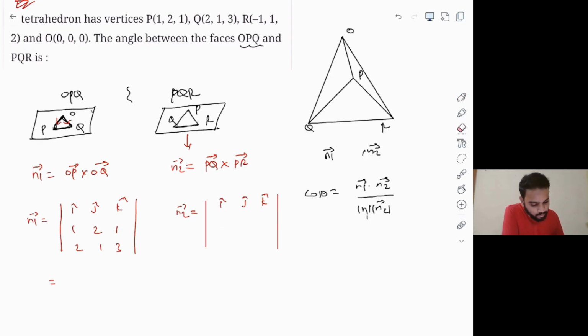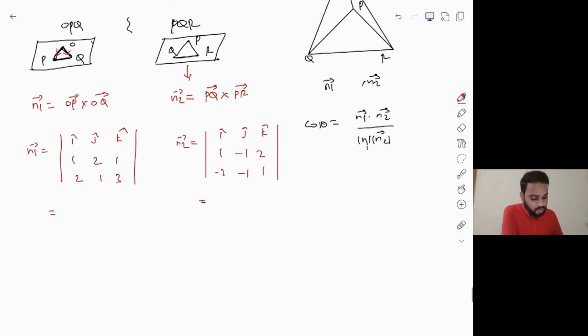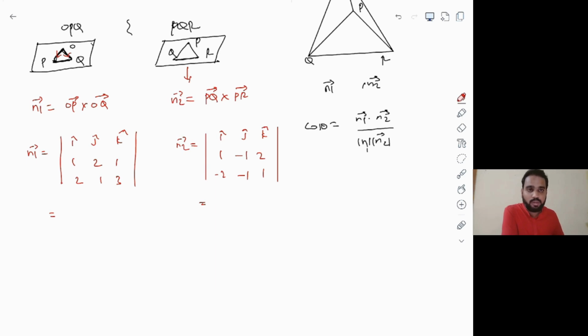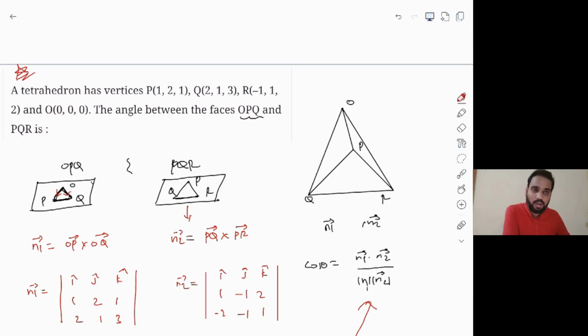OQ minus OP will give you 1, minus 1 and 2. And PR bar is nothing but OR minus OP. So let's do that. OR minus OP is minus 2, minus 1 and 1. And by using this expansion of determinant, you will get the other vector n2 bar also. And once you know n1 bar and n2 bar, take these two vectors, put them in this formula cos theta is equal to n1 dot n2 divided by modulus of n1 into n2. Okay, so that's how you find out the angle between the two faces of any geometrical figure.